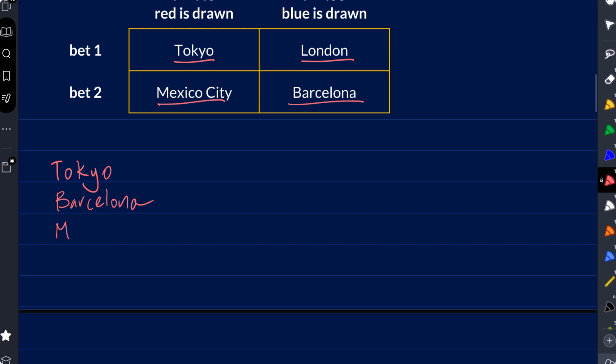Third is Mexico City. And fourth is London. Again, for you, the ordering might be different. These are all nice cities. I've been to some of them. I haven't been to others. Just for me, I would order them this way.